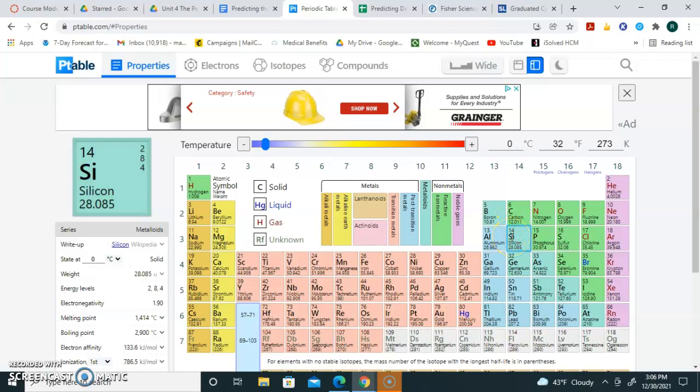We're going to be using silicon, which is right here. We're going to be using tin, which is right here. And we're going to be using lead, which is right here. And we're going to measure and calculate the density of these three elements.